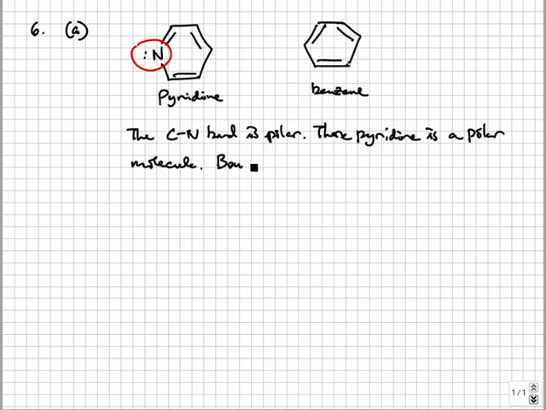On the other hand, benzene is nonpolar because the C-C bond is nonpolar and the benzene molecule is completely symmetric. If there were any polar bonds in benzene, the dipole moments would have cancelled each other out completely.